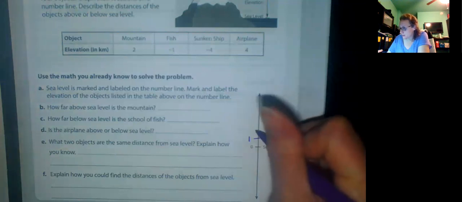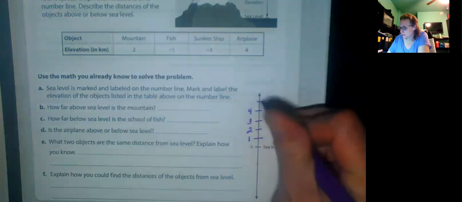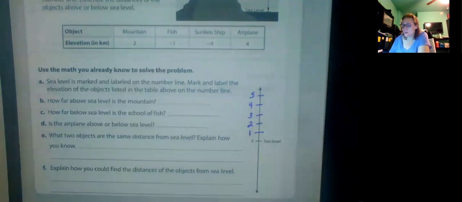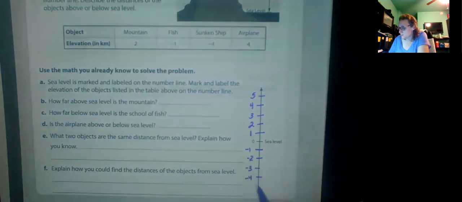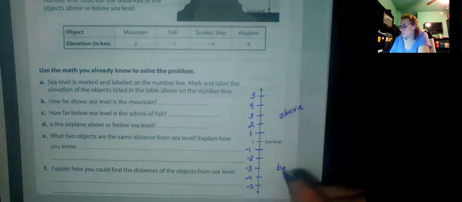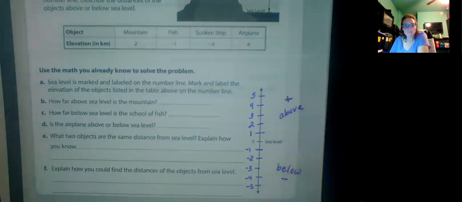So +1, +2, +3, +4, +5, and so on. If we're going below sea level, we're talking about our negatives. So -1, -2, -3, -4, -5, and so on. So this is above and this is below. Our positives and our negatives.